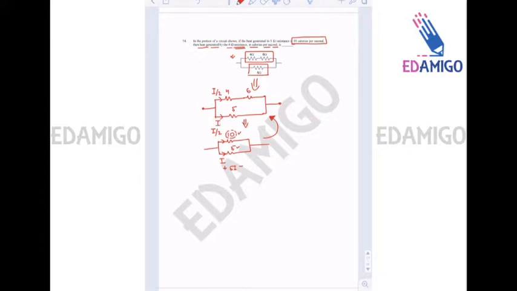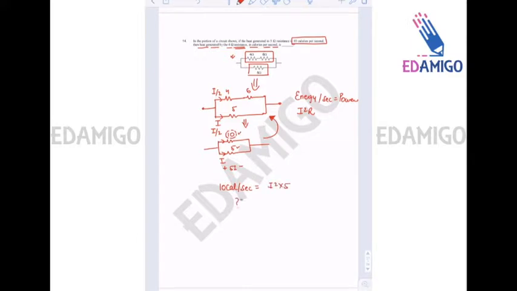Now, energy dissipated per second, that is power, through a resistance is I square into R. So the heat dissipated through the 5 ohm resistance, 10 calories per second, is equal to I square into 5.